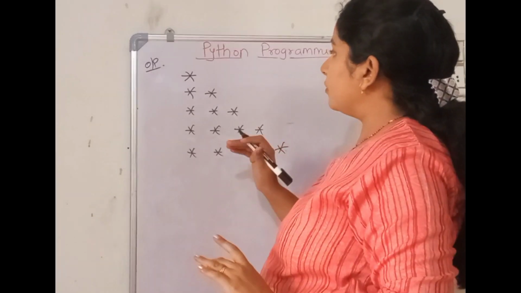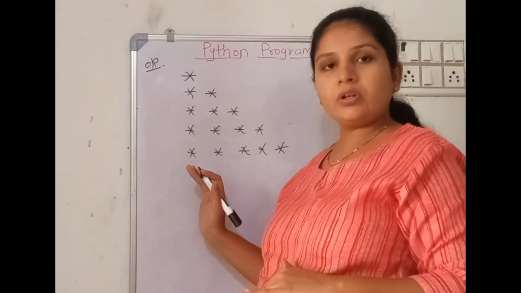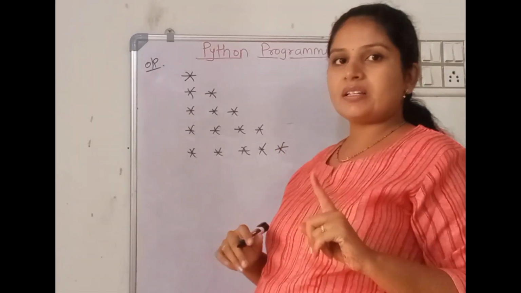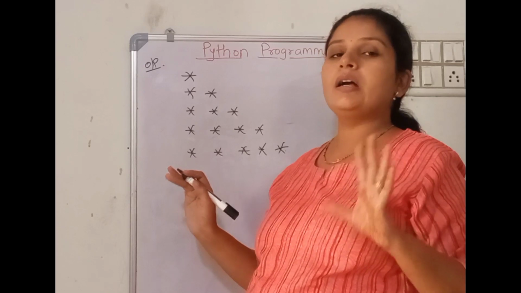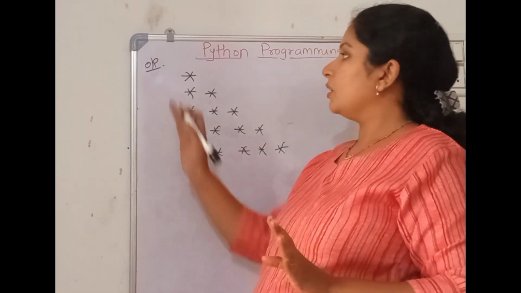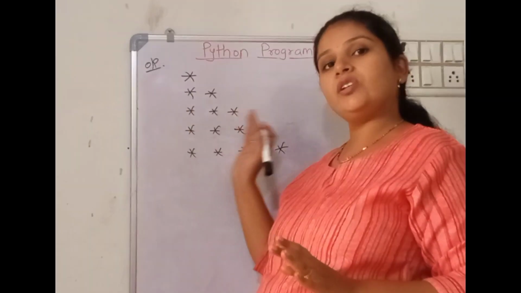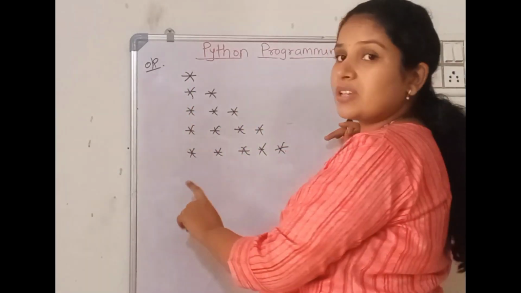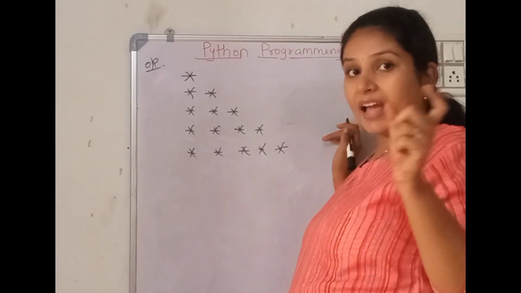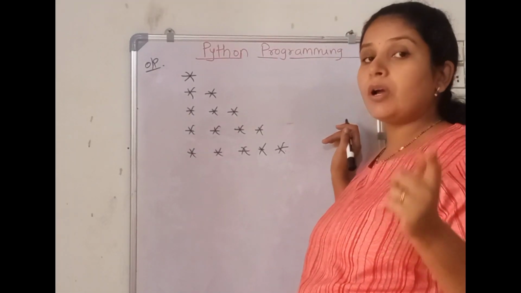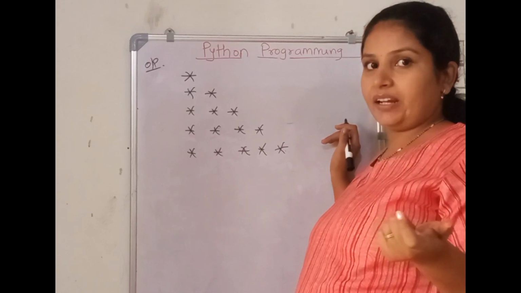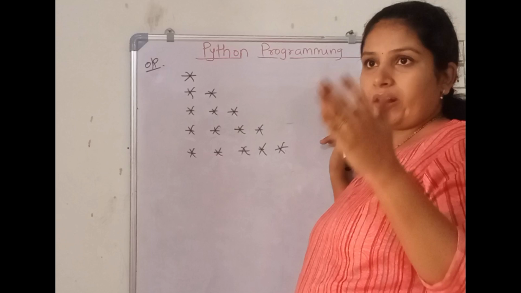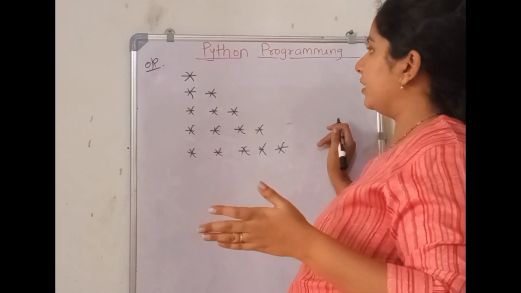First note down the output, and then we'll start with the program. The first thing you need to understand in this half pyramid, or any pattern making program, is how many rows and how many columns you need. The rows will be given in the program, or as a user you will consider the rows whenever you execute the same program again and again.